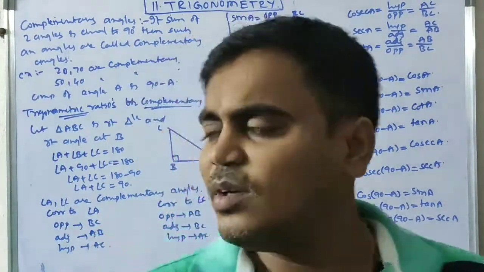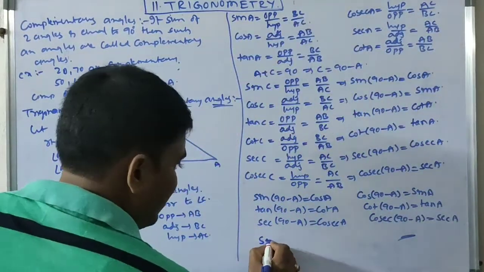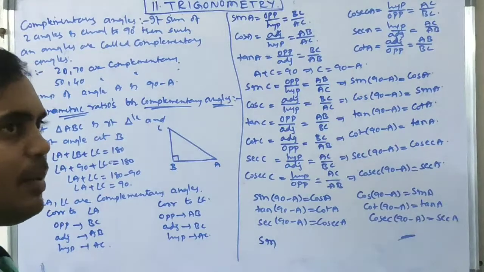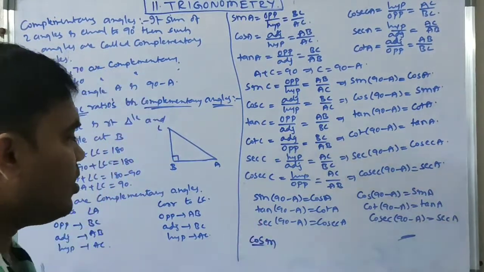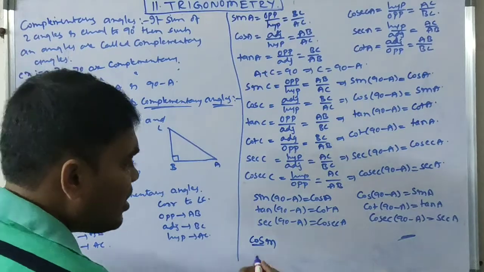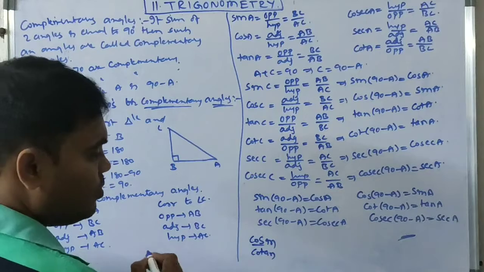If we observe, this is sine. I am taking the complementary by adding CO: cosine. Next tan, adding CO, cot.